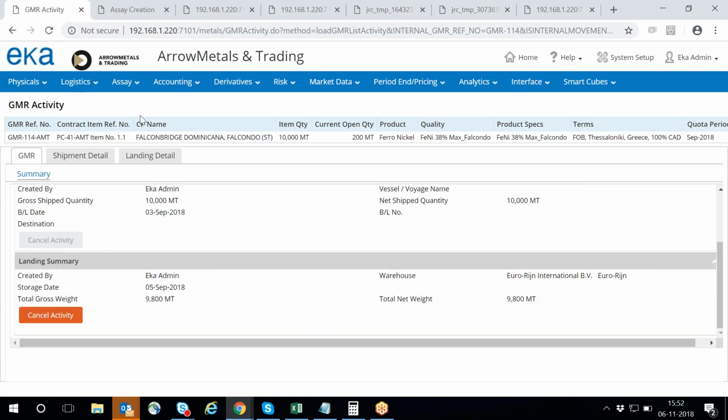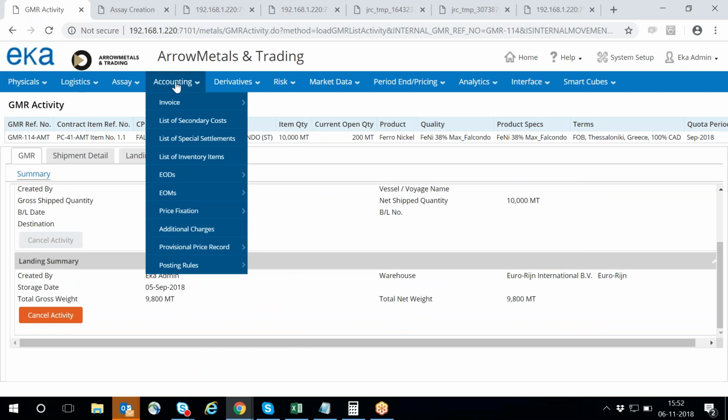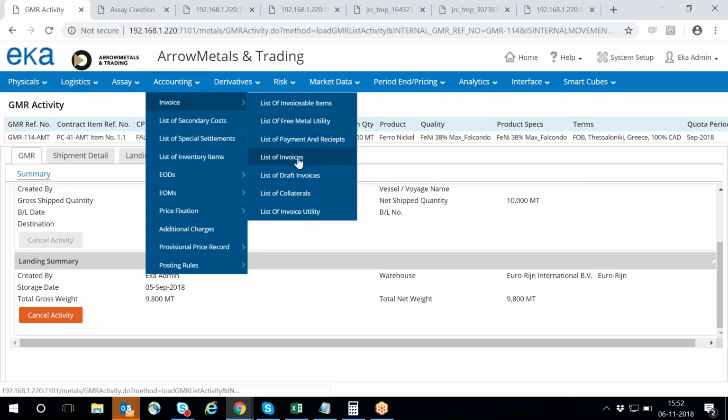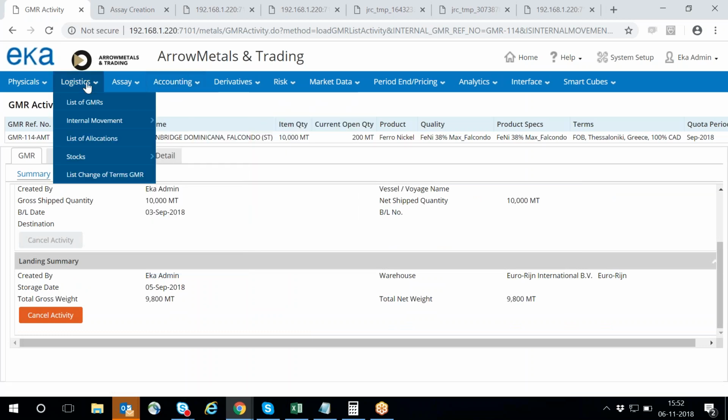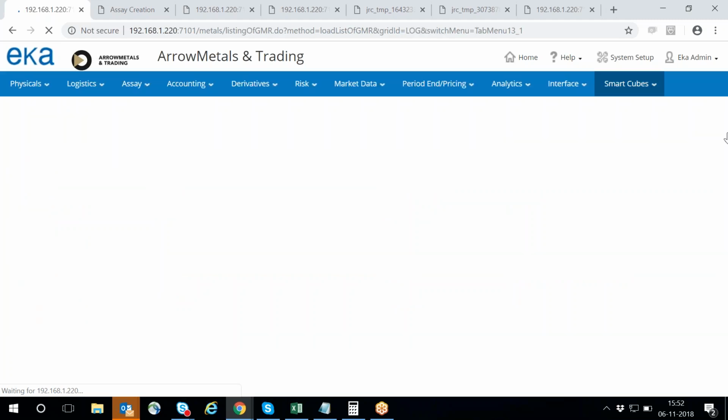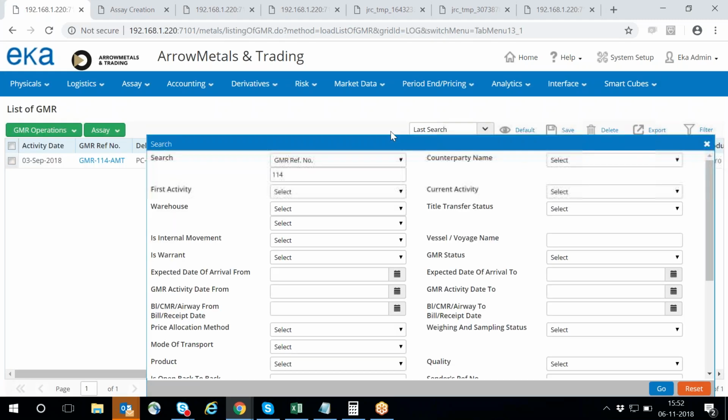So I think in this case I have created the final invoice as well. And this was the GMR that we saw before, wasn't it? The 9,800, yeah. GMR, check the latest.